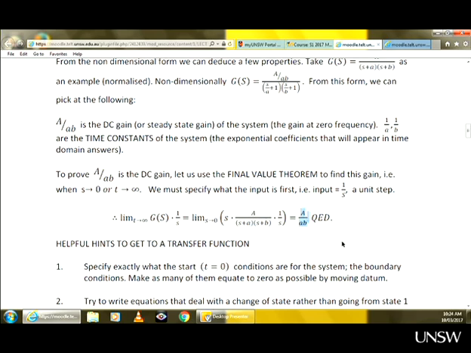So input at infinity is 1. Output at infinity is A over ab. The ratio of the two is A over ab, simply because the other one is 1. It shows you how much the system augments the input. Apply an input and see whether the output is going to be greater or smaller, and by what factor.